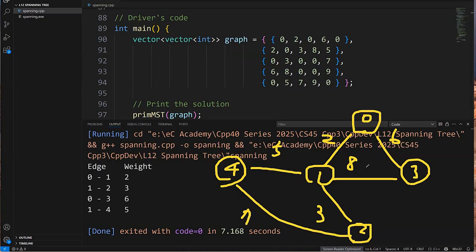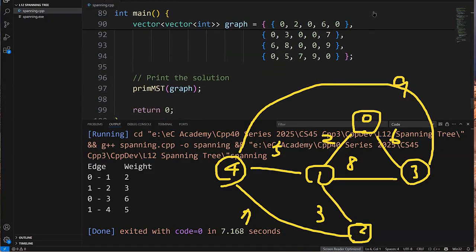Node 3 goes to the nodes in this sequence, and also goes to node 4 with weight 9. And node 4 is connected with 5, 7, 9. That's it. This is the graph.